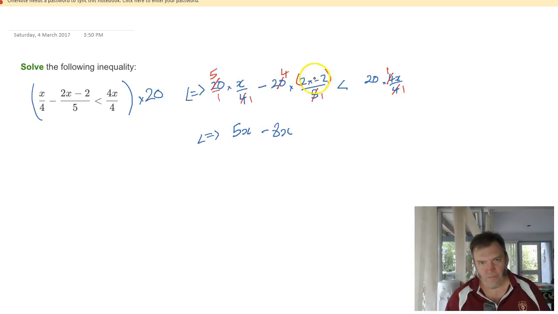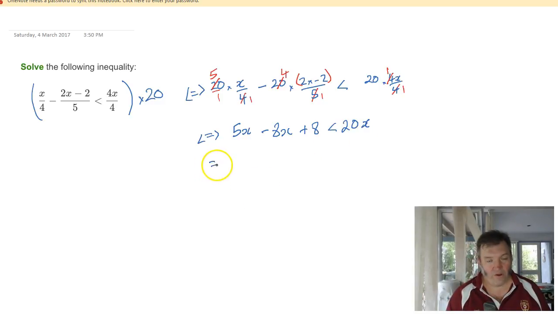Negative 4 multiplied by negative 2, a negative times a negative is a positive, becomes positive 8. And here I've got 20 multiplied by x, which is just 20x. Now let's simplify the left-hand side. 5x minus 8x is negative 3x, plus 8 is less than 20x.